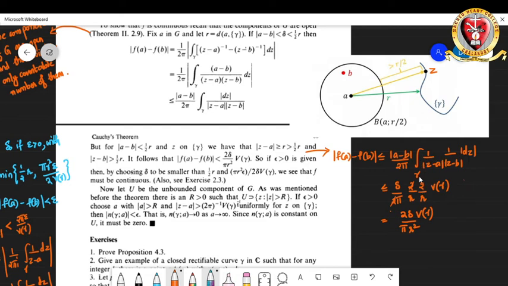Then the integral over gamma of modulus of dz will be the total variation of gamma. So you get in total this, which is written here.